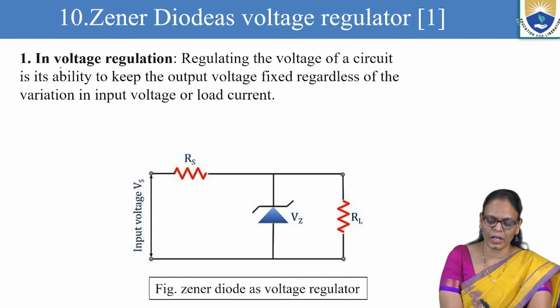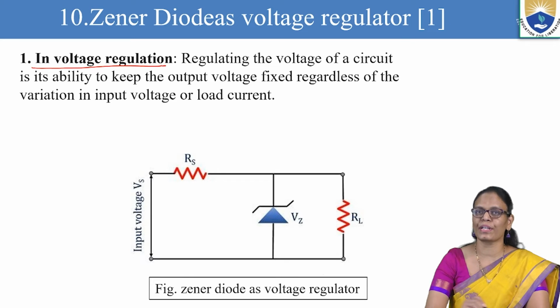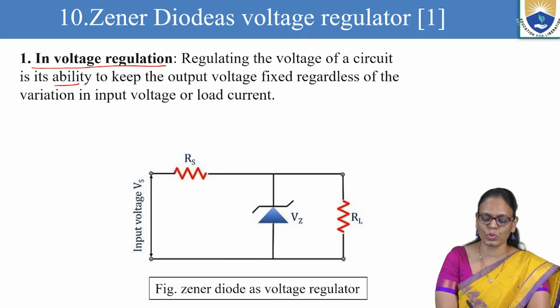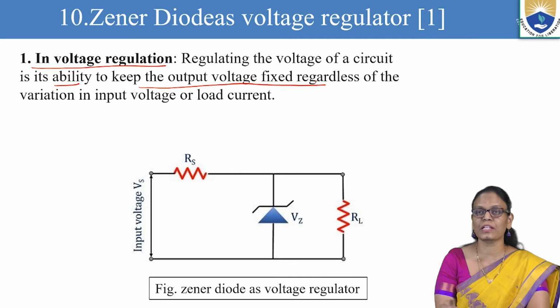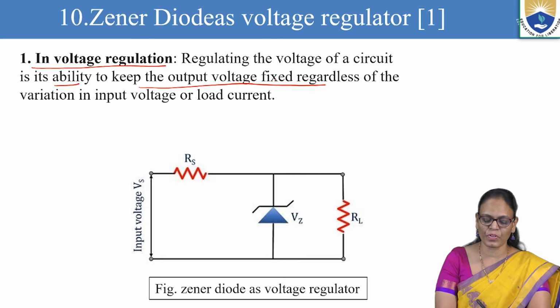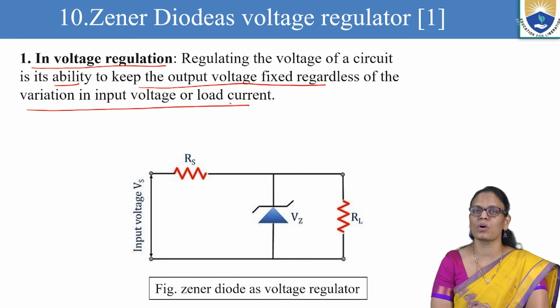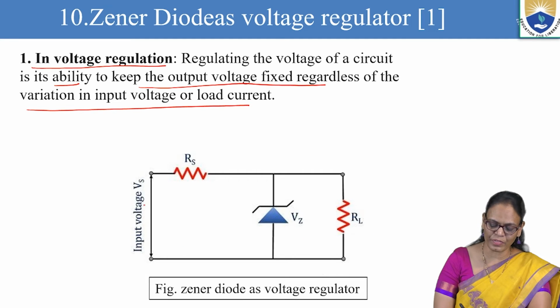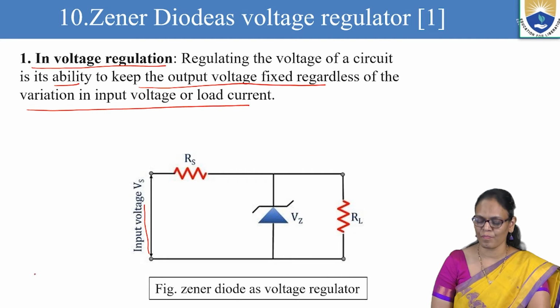Regulating the voltage of a circuit is its ability to keep the output voltage fixed regardless of the variation in input voltage or load current. If you see the circuit here, we have the input voltage here. We have kept a Zener diode here. This is the load and this is the resistance.